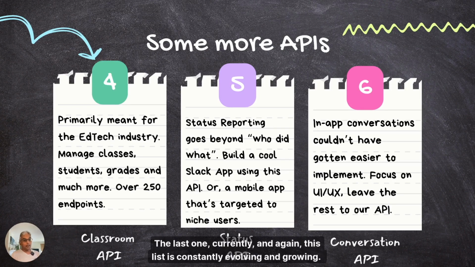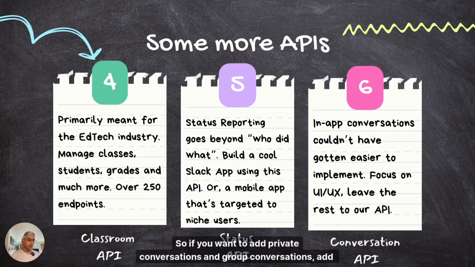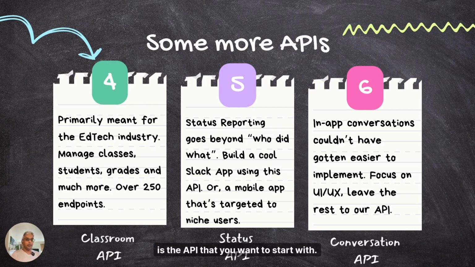The last one currently, and again, this list is constantly evolving and growing, is our conversation API, which helps you integrate in-app conversations and those features into your existing solutions, right? So if you want to add private conversations and group conversations, add support for read receipts, deleting, archiving, and leaving conversations, typically being able to support conversations as an in-app feature, that is the API that you want to start with.